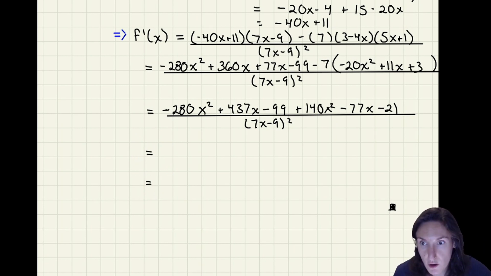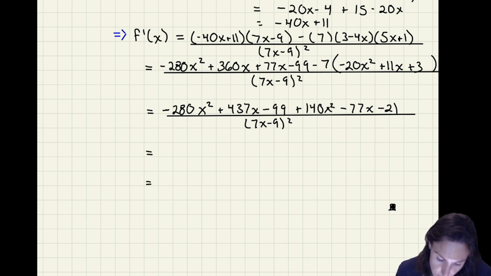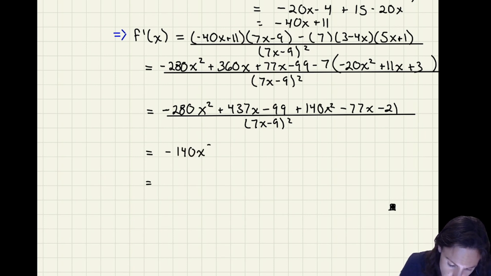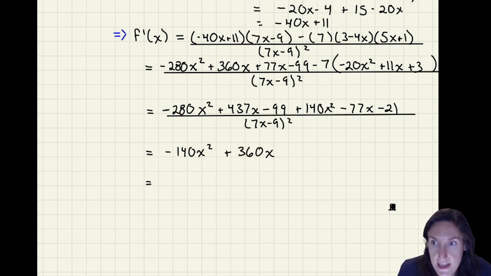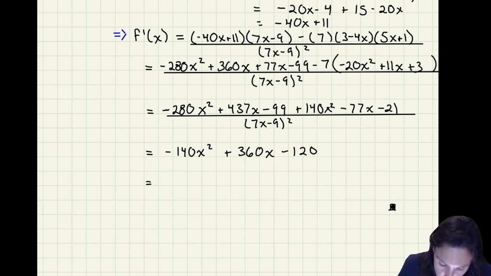Now let's combine all of it. So we're going to have minus 280 plus 140. So this is going to be minus 140x squared. And then we're going to have 437 minus 77. So plus 360x. And then we have minus 99 minus 21. So minus 120.